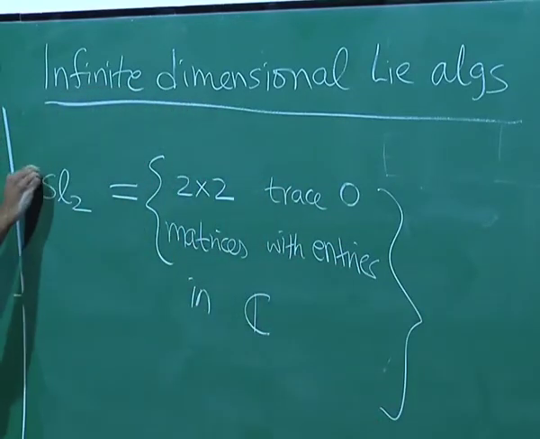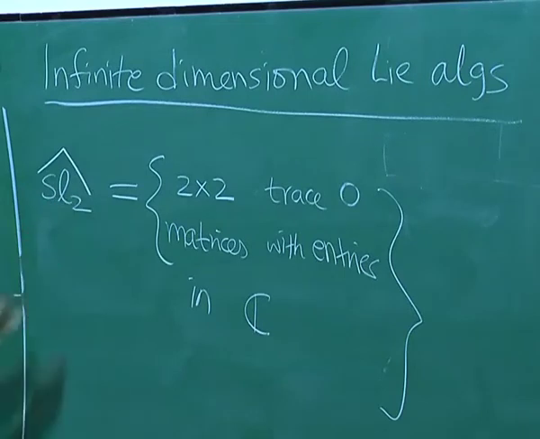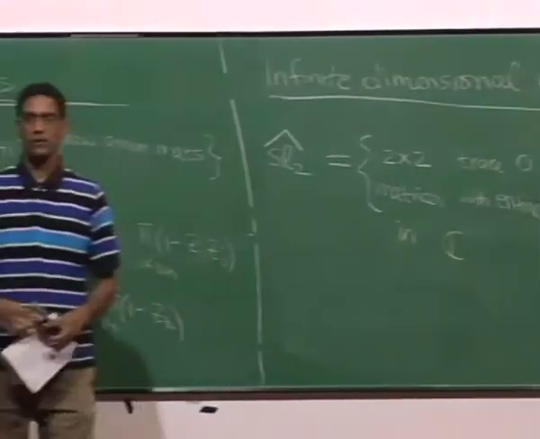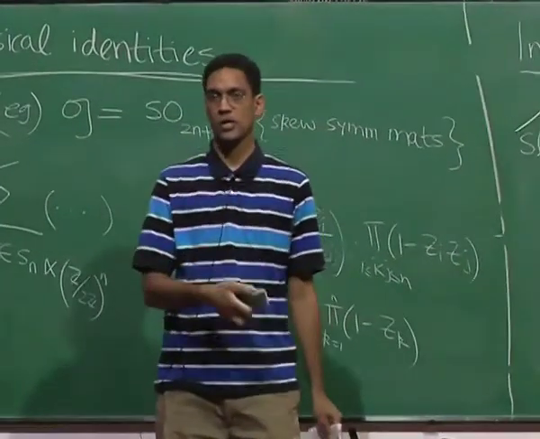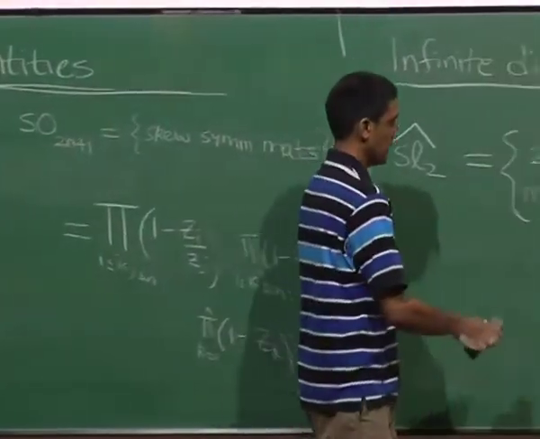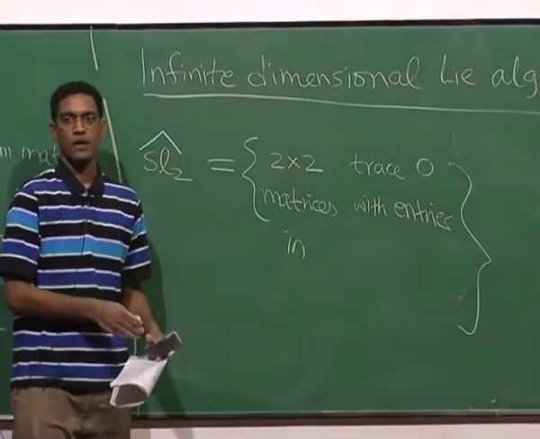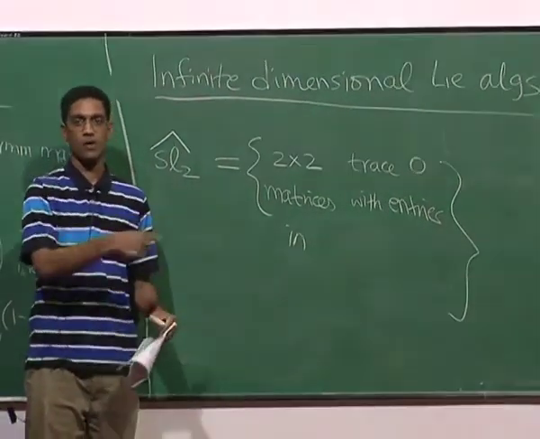Now, I am going to define something called SL2 hat, which is, well, I will try and copy more or less the same definition. Take 2 cross 2 matrices, trace 0, but remember I want to get an infinite dimensional complex vector space. So I will not restrict my entries to belong to C. I will say, well, I will now allow polynomials in one variable.